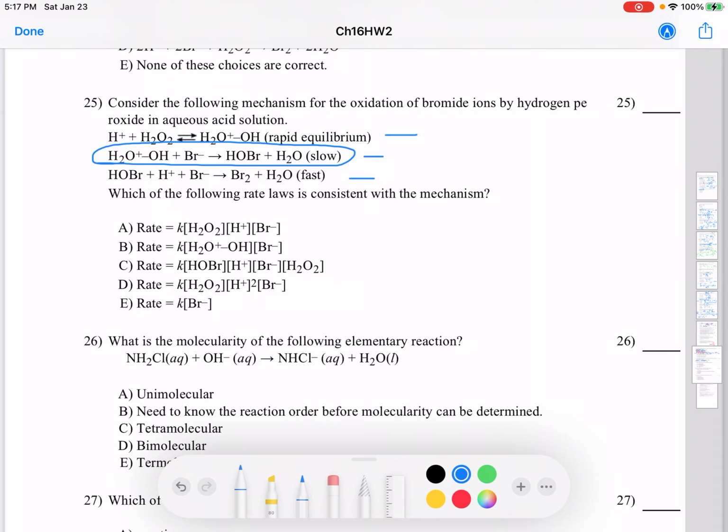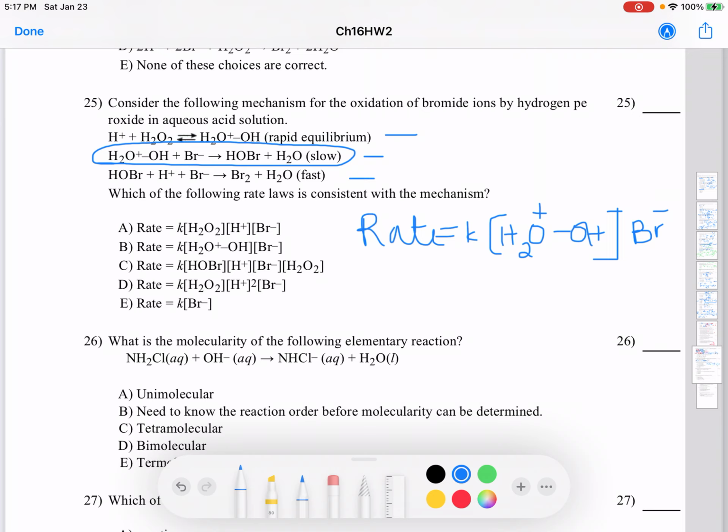So then the rate has to be k, and the reactants are going to be H2O plus OH minus and Br minus.